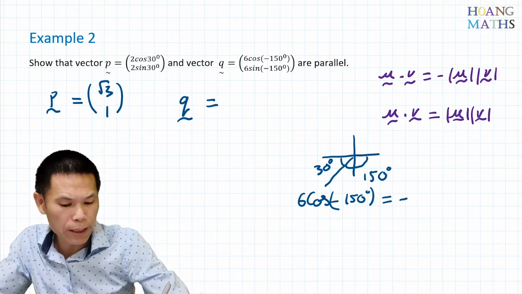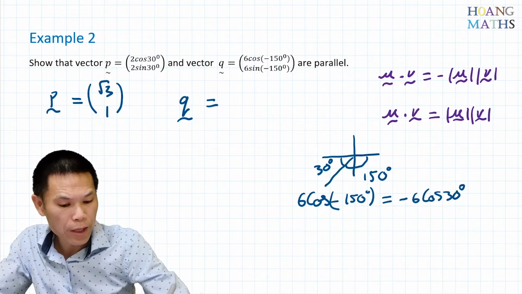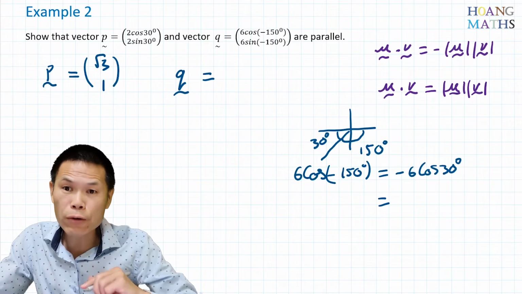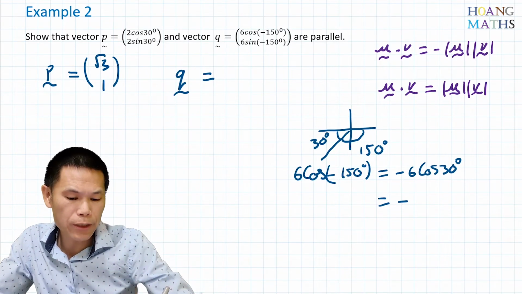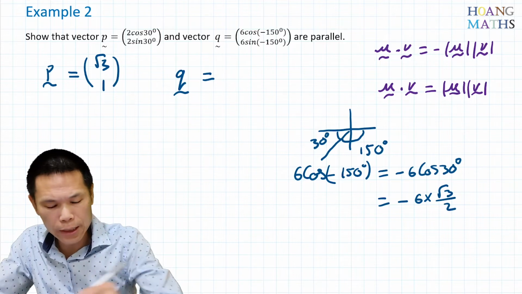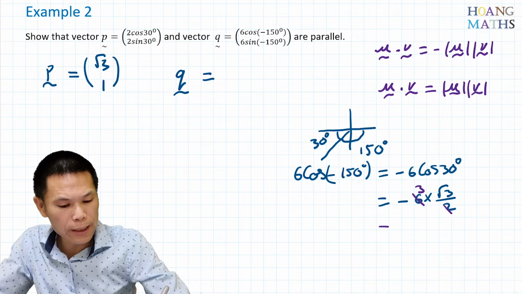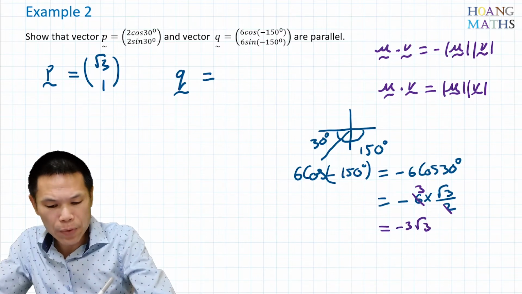So it's the same as negative 6 cos of 30. We know that cos of 30 is root 3 over 2, so that means negative 6 times root 3 over 2. I can simplify this, that gives me 3, so the answer is negative 3 root 3. Let me just write this down: negative 3 square root of 3.